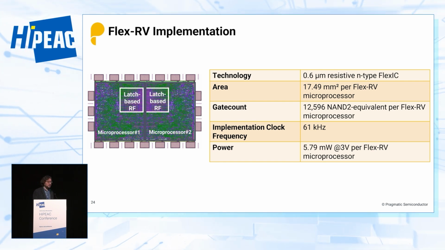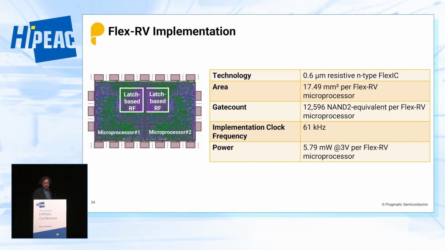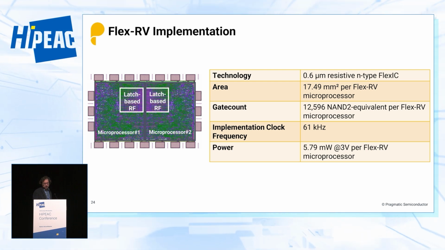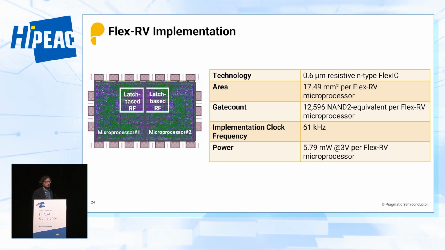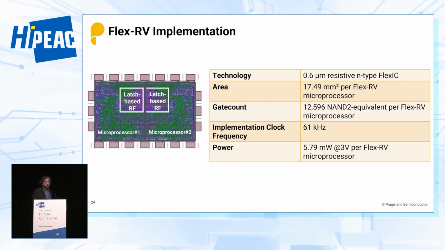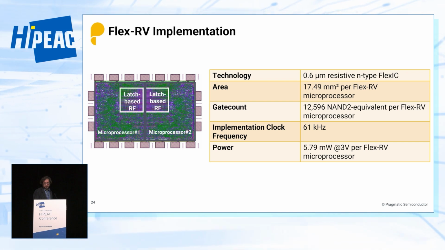Is it too big? I don't think so. It can fit into many patches and swatches and everything. The implementation clock frequency is 61 kilohertz, consuming less than 6 milliwatt. It was a relatively big design, 13,000 NAND2 equivalent gates. So this was also another milestone for us.